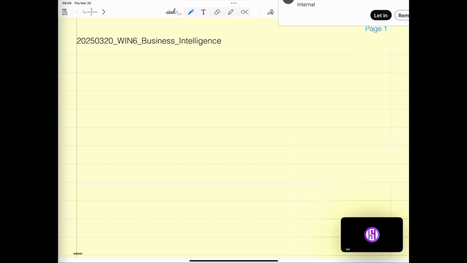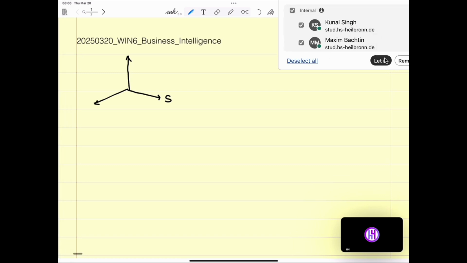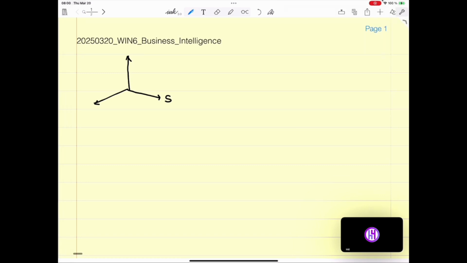We saw the other day that we have a three-dimensional framework for business. This is the social level, this is the technical level, and this is the digitalization level.